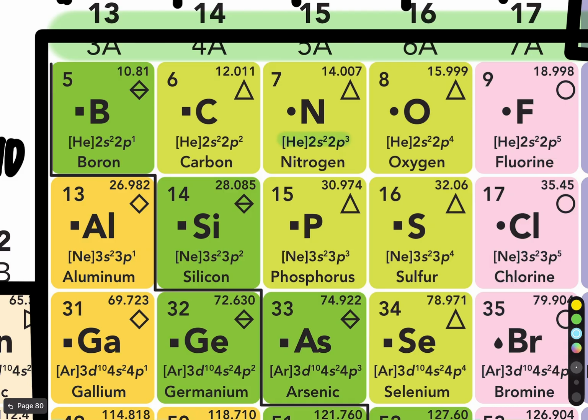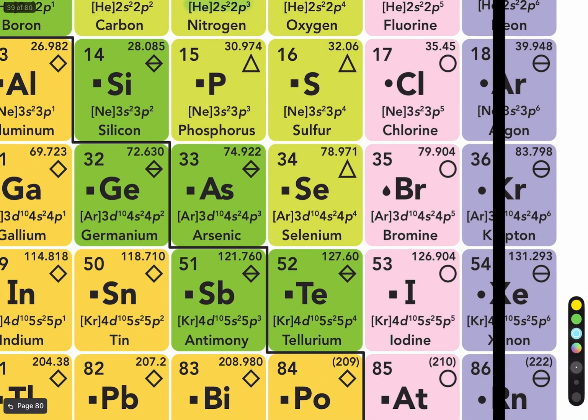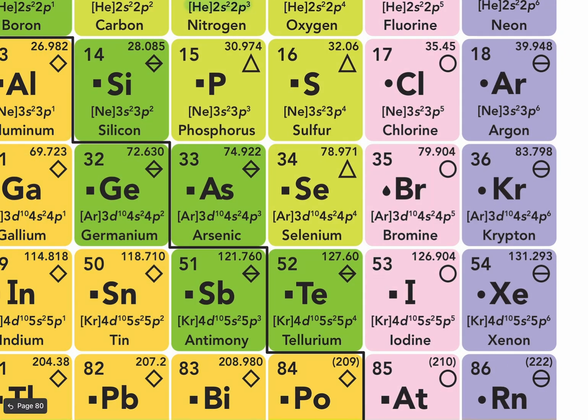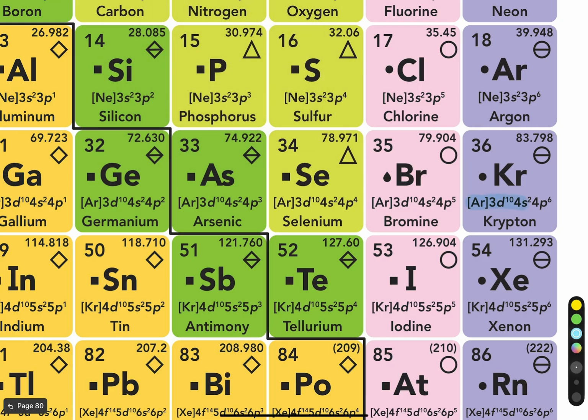So for nitrogen, it doesn't save us too much time, but if we remember krypton, how long krypton's string of electron configurations was, the shorthand for krypton is significantly shorter than the longhand. So for certain elements, we're going to see that this definitely saves us time.